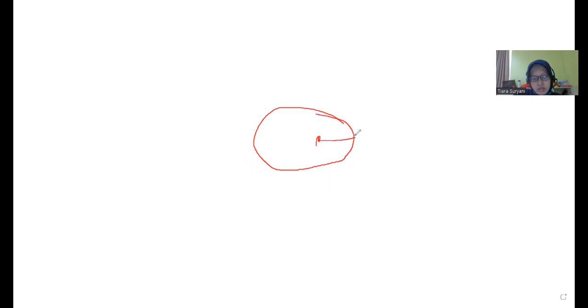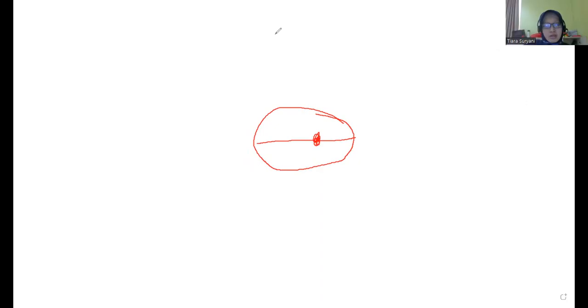We call these the perihelion and aphelion, but we are not going to discuss that, I just want you to know. So it's not perfectly oval or perfectly ellipse, but it's a slight ellipse. If you are asked this kind of question, the answer is slight ellipse.